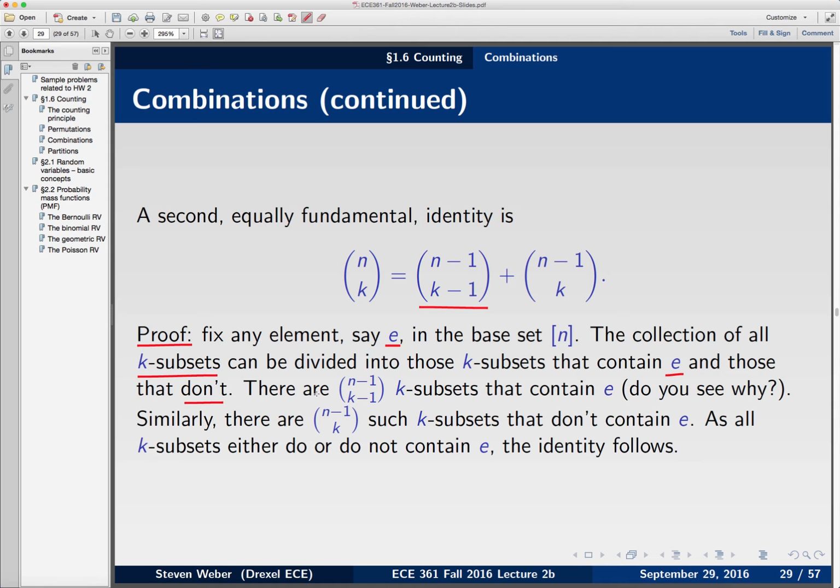It follows that there are (n minus 1) choose (k minus 1) k-subsets that contain E. Similarly, consider the k-subsets that don't contain E. Since they don't contain E, there are only n minus 1 elements to choose from, and I'm going to choose k of them. As all k-subsets either do or do not contain E, if I add up the number of subsets that do have E with those that don't have E, I should get the total number of k-subsets.